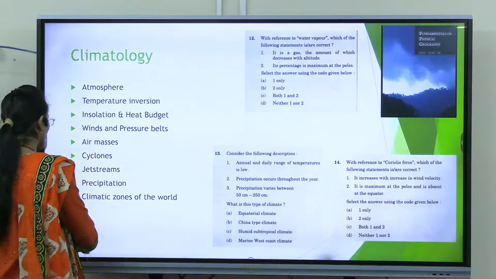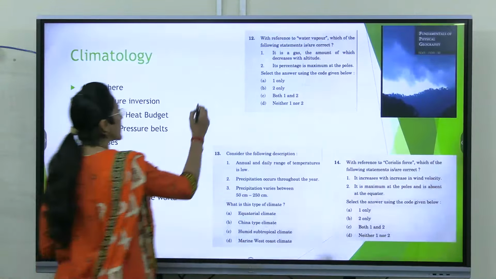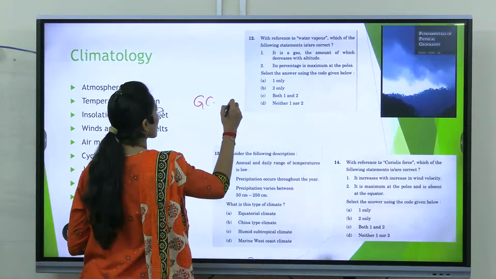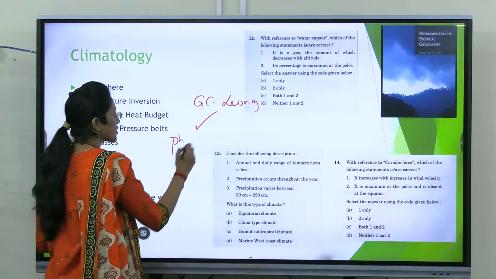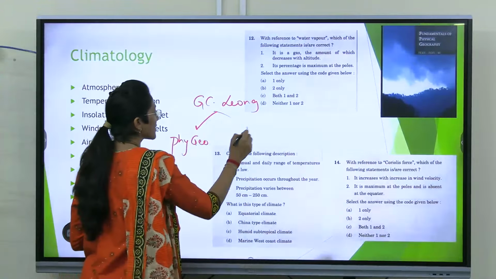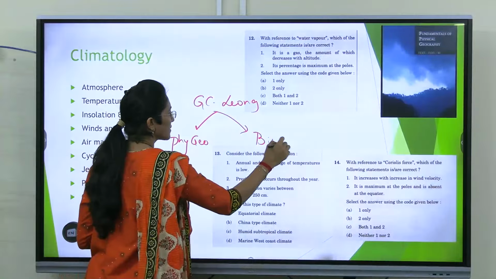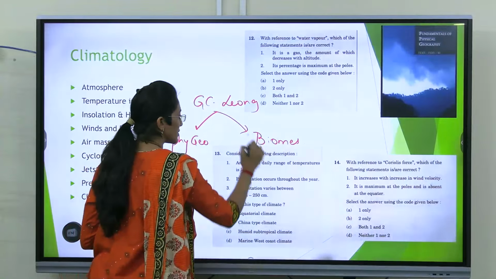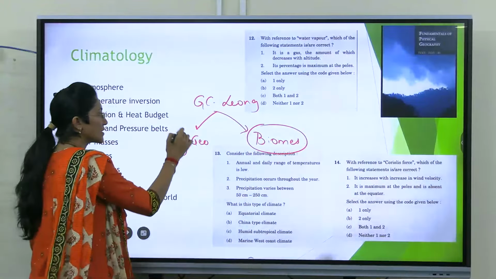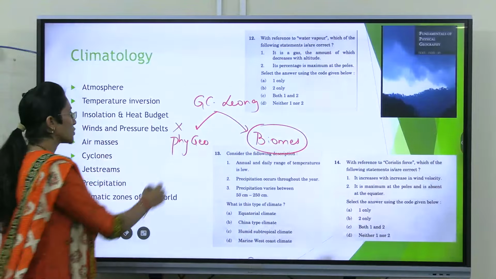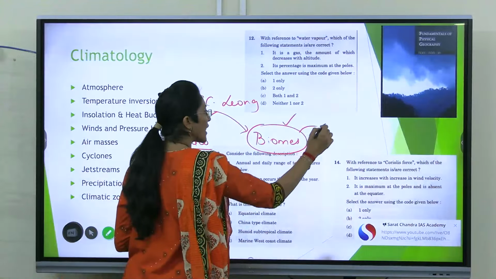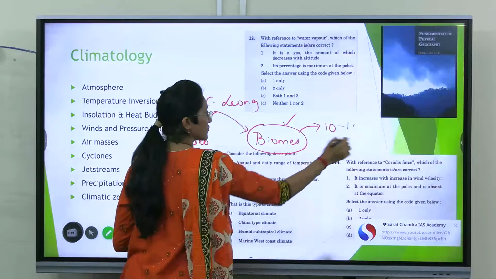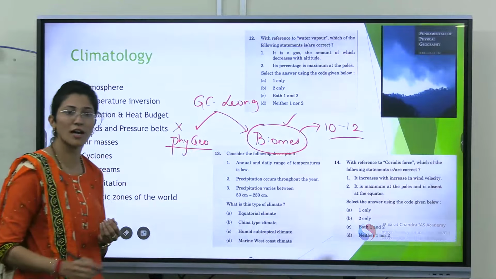If we consider the book G.C. Leong, it has 2 parts. The first part talks about physical geography, and the next part is all about biomes, nothing but the climatic zones of the world. You can neglect this part. This part you can cover from NCERTs, and for this part, approximately you have 10 to 12 biomes, or climatic zones.